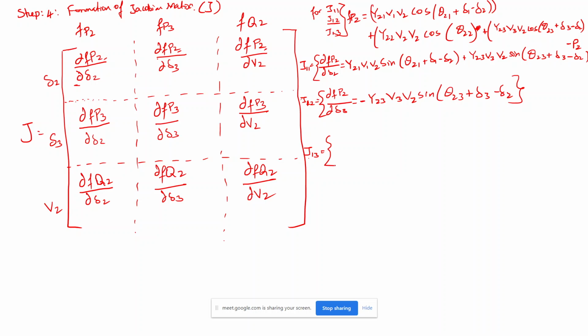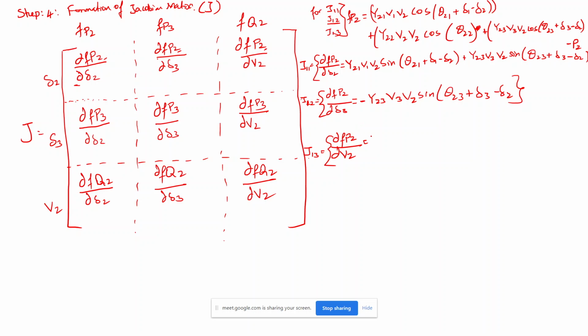What is J13? Someone tell me. J13 is dFP2 divided by dV2. So we need to differentiate this P2 equation with respect to V2. Wherever V2 is there, I am going to differentiate. Here you can see only one V2 is there, so if I differentiate, I can omit it and the rest stays the same.